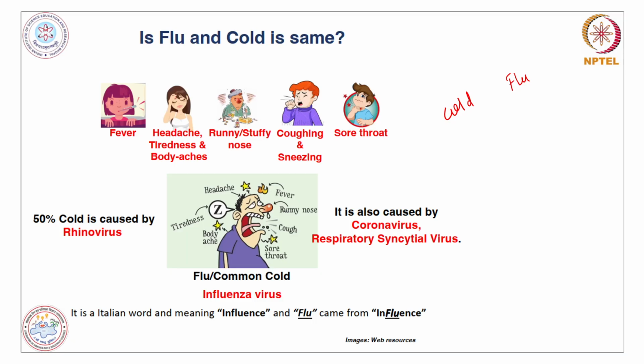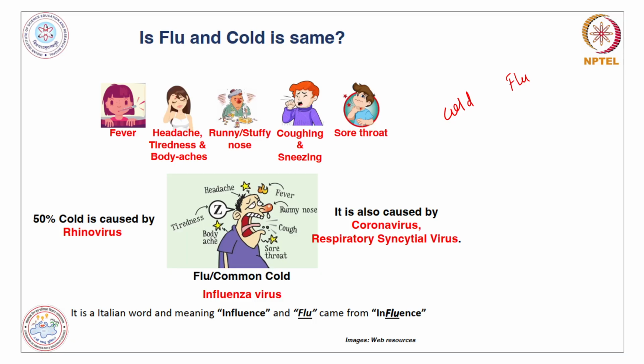The flu has a sudden onset. Suddenly, in the morning you are perfectly fine, but in the afternoon or night, suddenly you get a high fever and body ache and extreme fatigue. So this is a symptom of your flu. But in the case of cold, it usually develops gradually and initially it is milder.